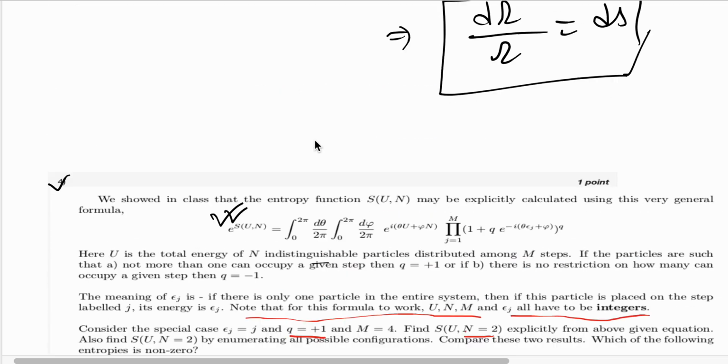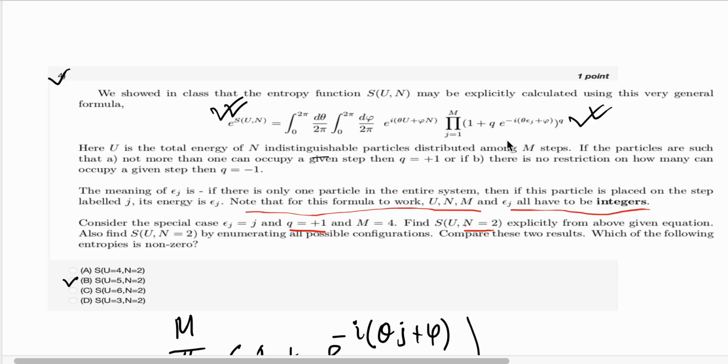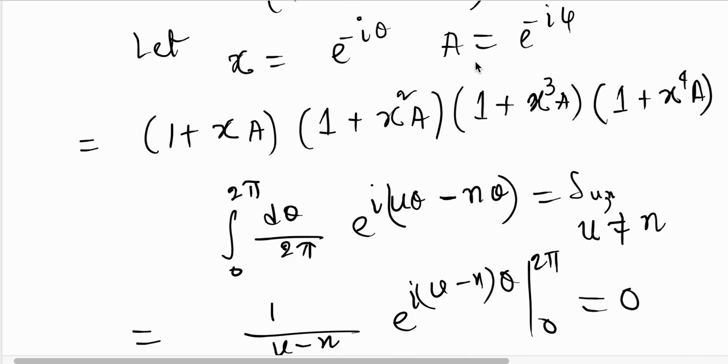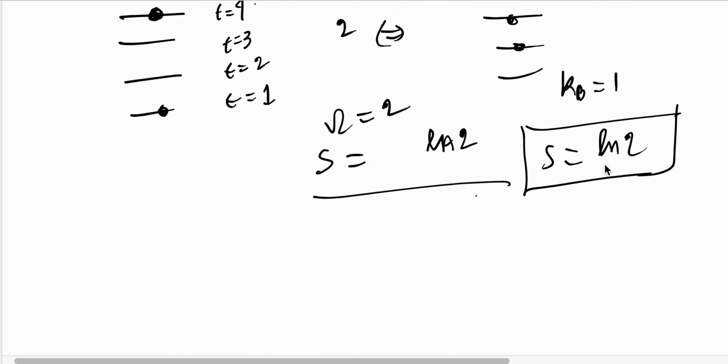That means this equation actually works very well. But one thing you should keep in mind: when you are in a hurry, it's good for pedagogical purposes, but it is not good when you are doing some problem. If the number of particles is very small, as here, you see it's 2, and the number of staircases is very small, you should always go with the counting method and you will get the right result.